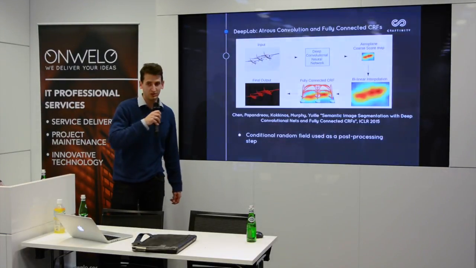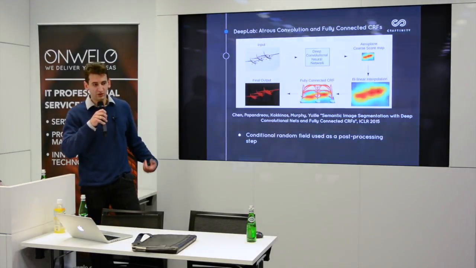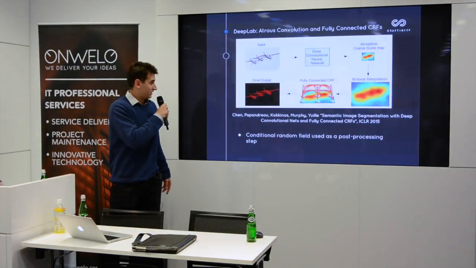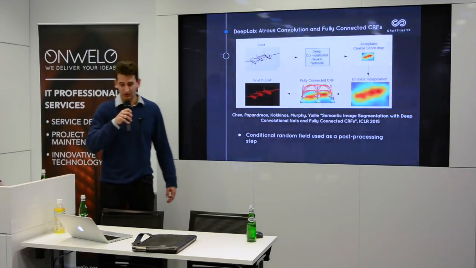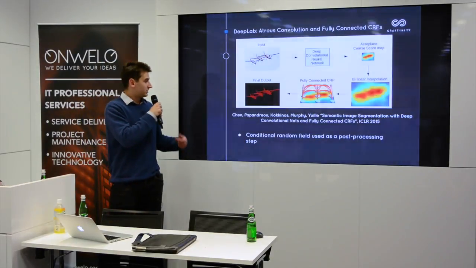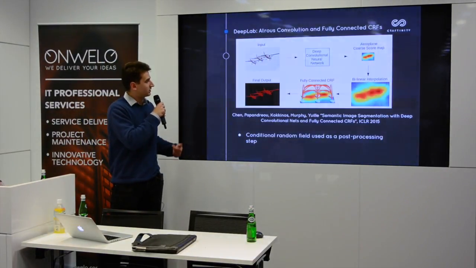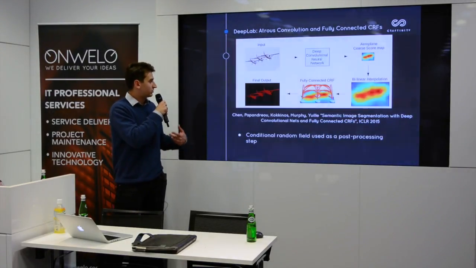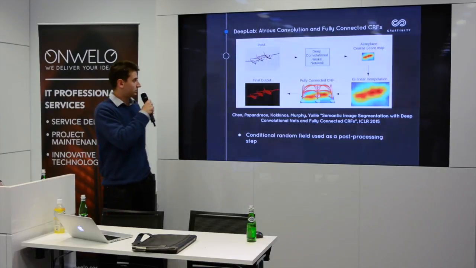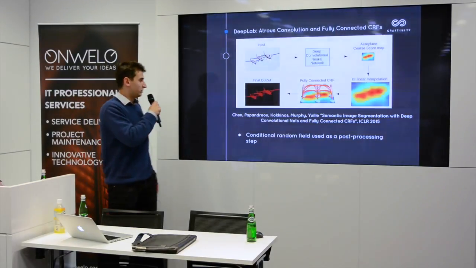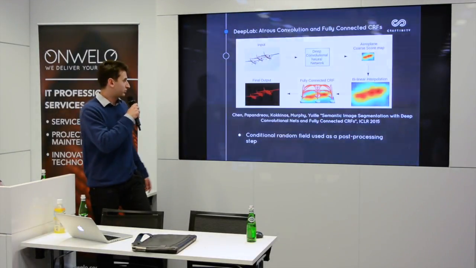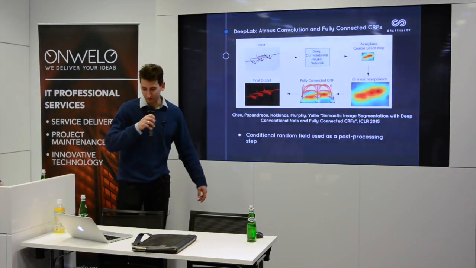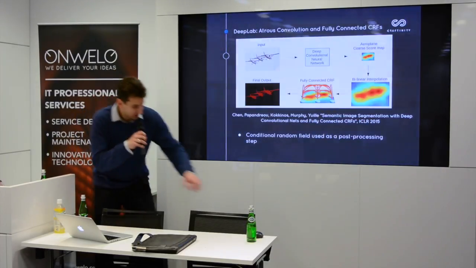Bilinear interpolation is just an example of fixed upsampling. It doesn't have any parameters like the convolution, and this interpolated score map is later passed to a fully connected conditional random field, which post-processes it and outputs the final prediction.